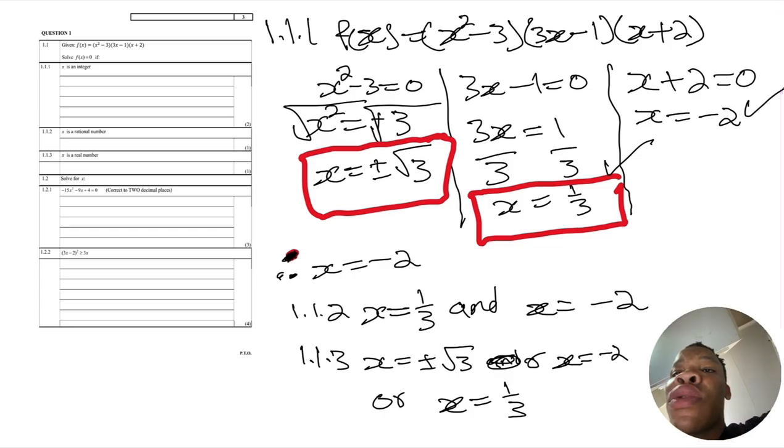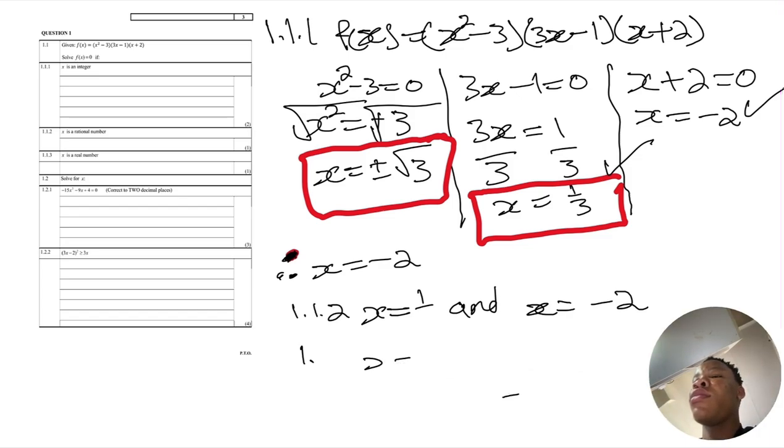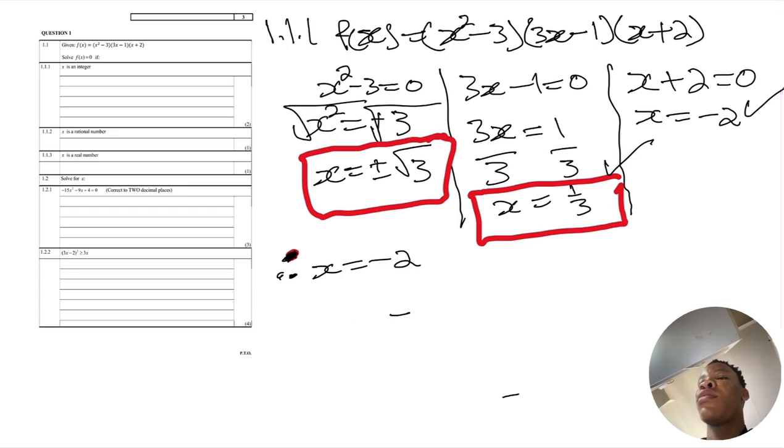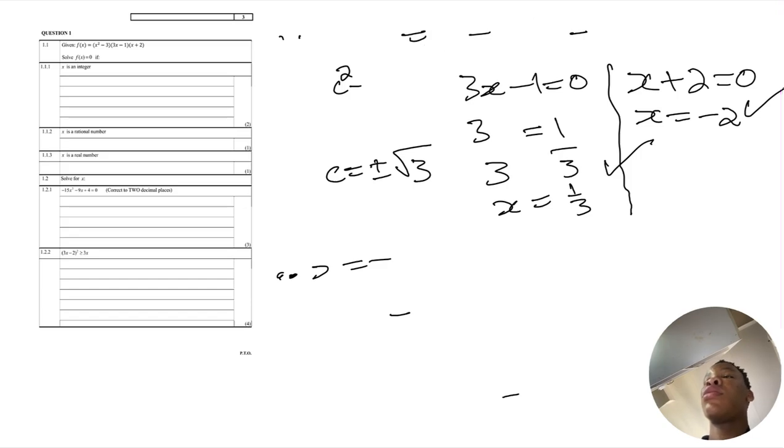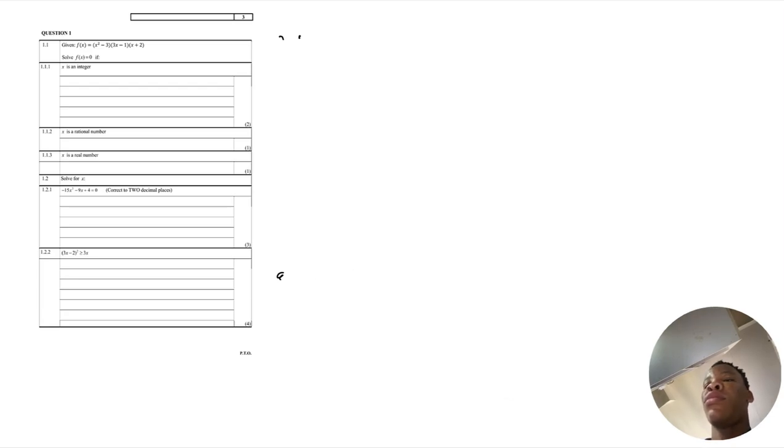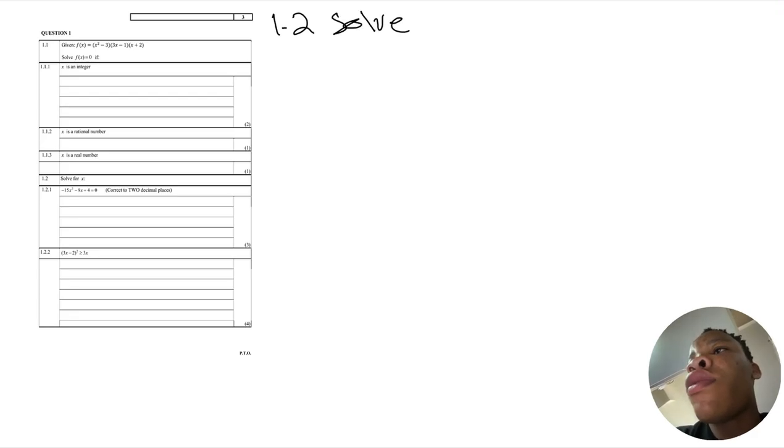Now let's move to the second question. 1.2, they are saying solve for x.